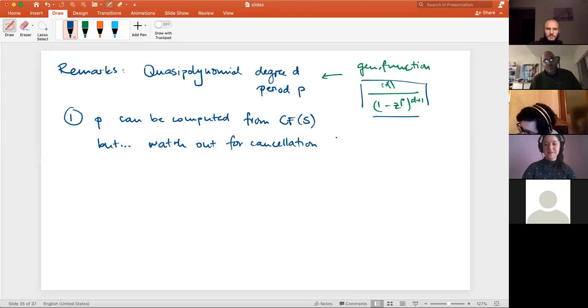For polynomials, this can't happen. For polynomials, I claim 1 minus z will never be a factor in the numerator. But for quasi-polynomials, this very much can happen, and there are some famous examples where this happens. There are some people who study precisely this phenomenon. It's called period collapse. When do we expect a certain period from your semigroup setup, but your generating function ends up with a smaller period?